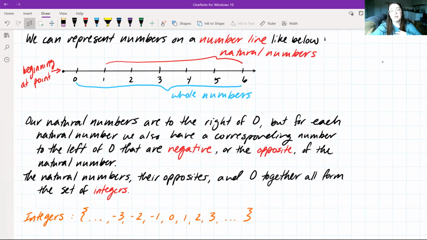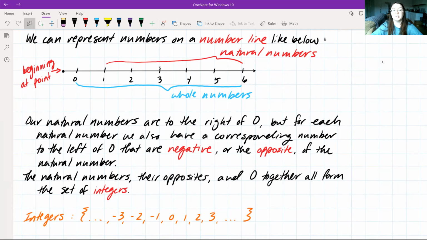With a positive 3, we also have a -3, and so on. So for every natural number, there is also a negative, or the opposite of that natural number. The natural numbers, their opposites, and 0 altogether form the set of integers.